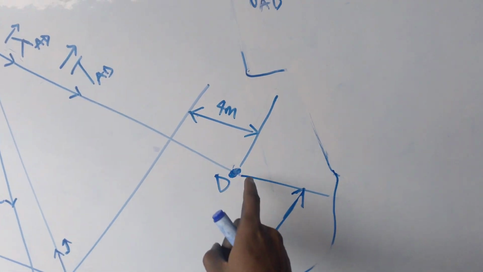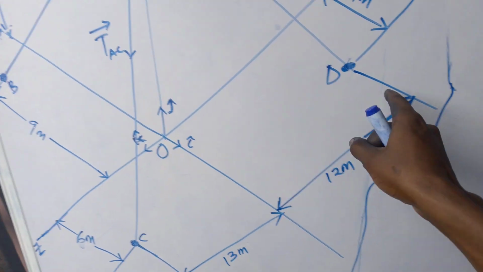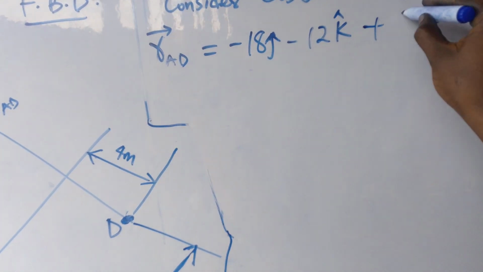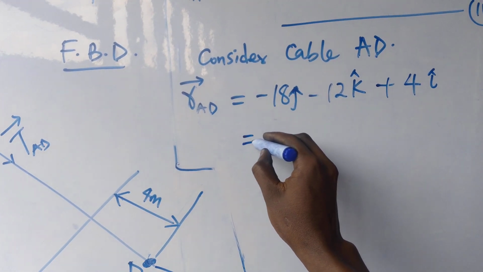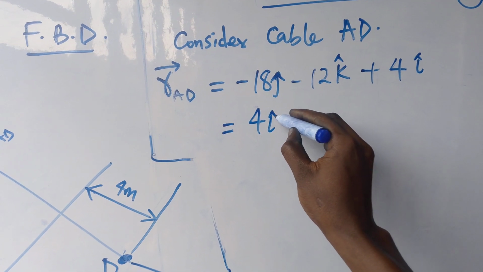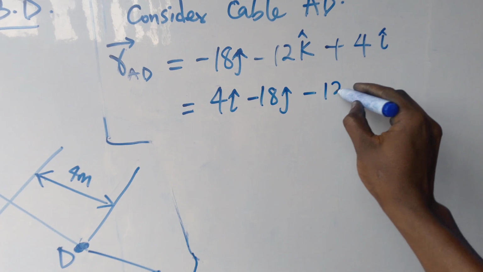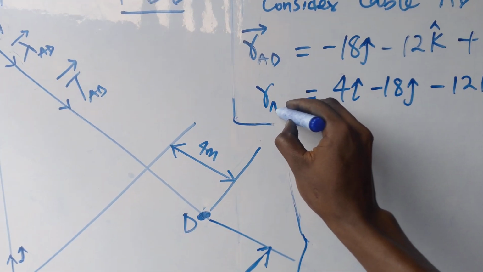Then finally we came down like this, that is with respect to i, plus 4i. So arranging it properly now, we have 4i minus 18j minus 12k. Okay, this is RAD.